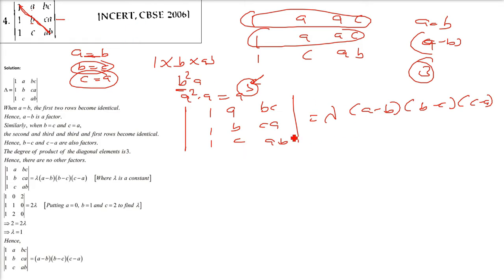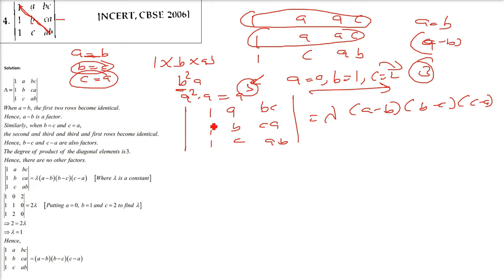This is the general way we choose the values. There can be different values also, but this is a common value which normally gives you the answer. Sometimes you put c equals -1, sometimes b is 2, like that.